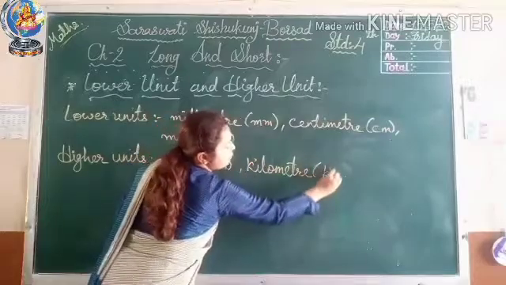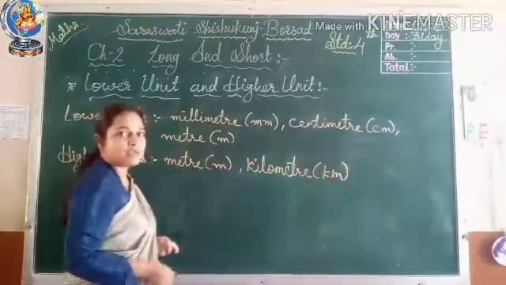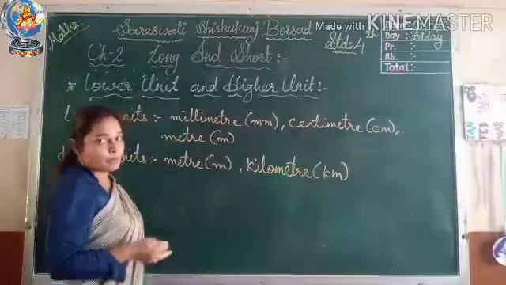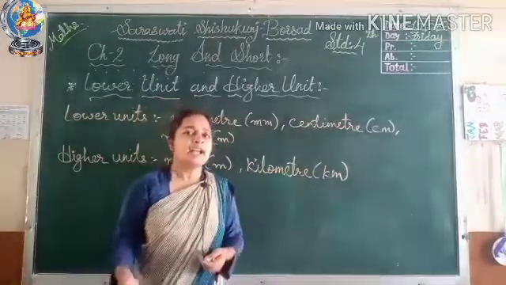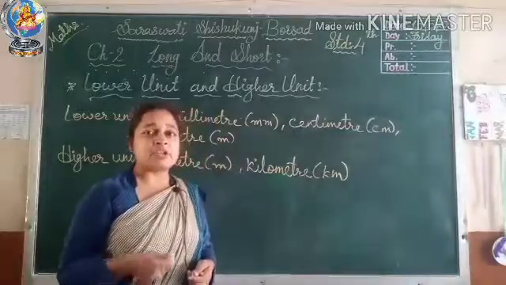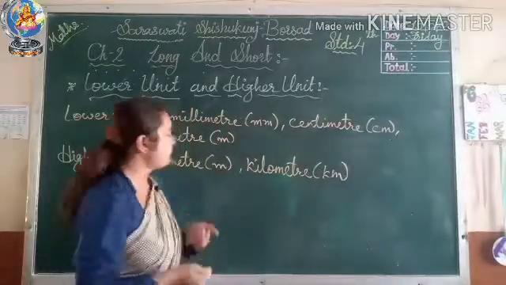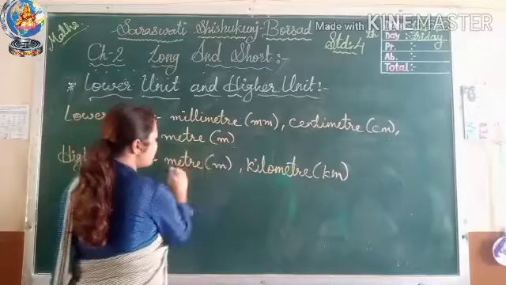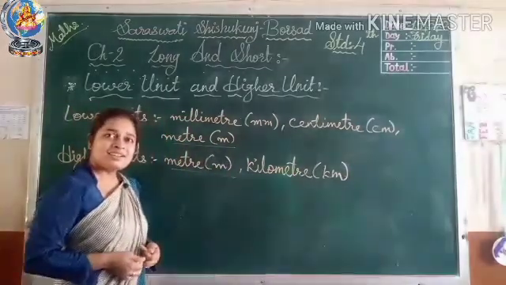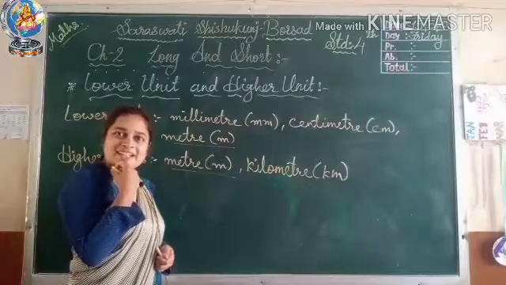Right now we have to see about these 4 units only which are given in your book. So I am not giving you more information regarding hectometer, decameter and decimeter. You can find that meter is given 2 times in both. Maybe ma'am forgot to write it in one only.